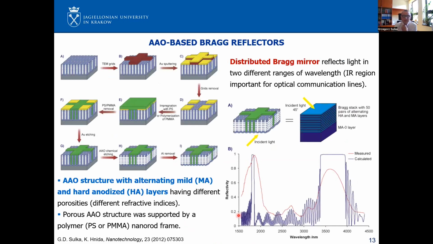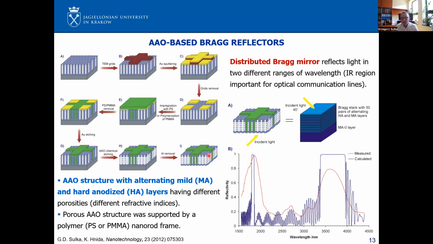So there is some proof of that experiment. And another example is making a Bragg reflector. We used anodic aluminum oxide with modulated pore diameter, like in that case. After a lot of steps, as you can see here, we obtained 50 pairs of alternating layers which differ in their porosities.